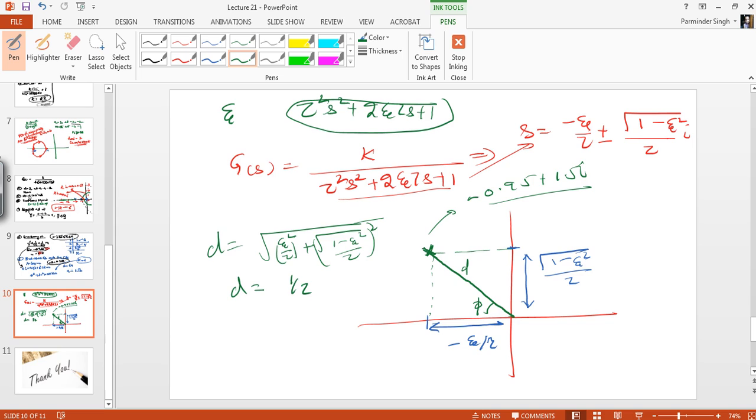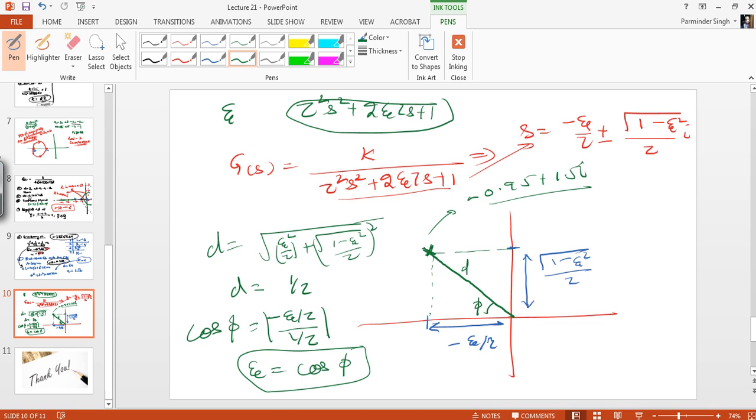So d comes out to be 1 by tau. Now what is cos of phi? Cos of phi is base upon hypotenuse. So the base is minus zeta by tau over 1 by tau, and we take the modulus of this. So from here zeta is nothing but cos of phi.